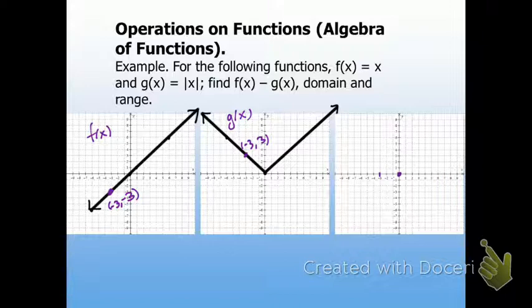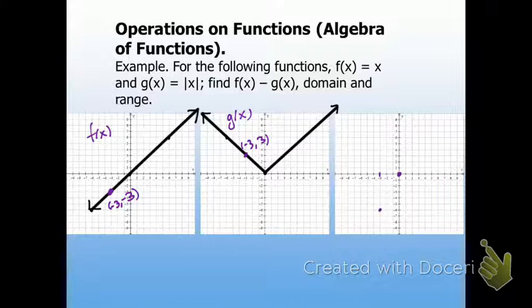And I have to subtract the y coordinate of g, 3. So it will be -3 minus 3, and -3 minus 3 is -6. So when x equals -3, the resulting function is here at -6.